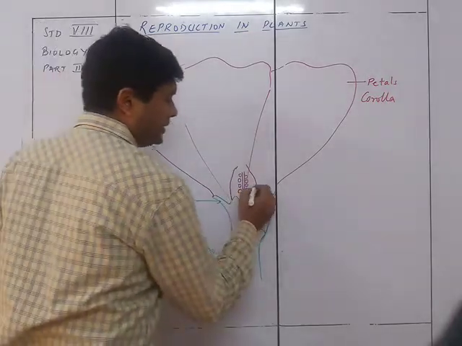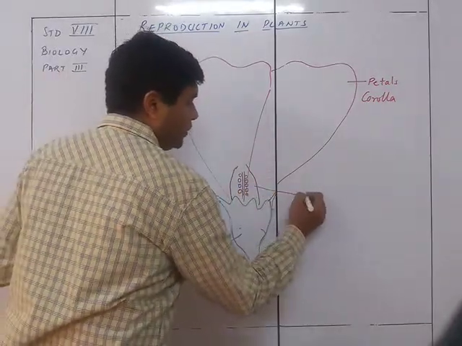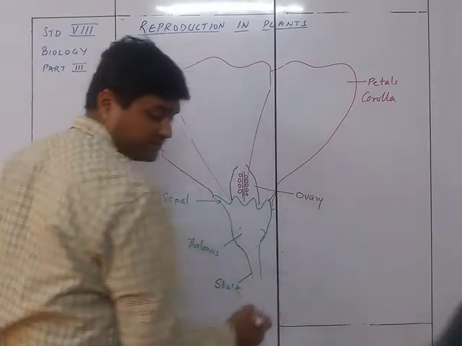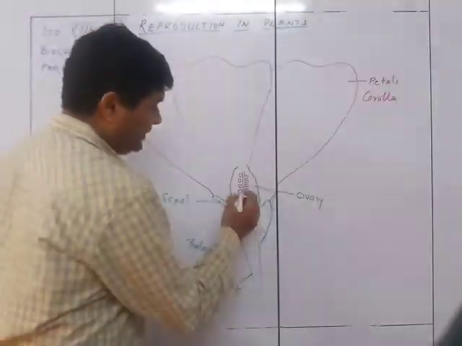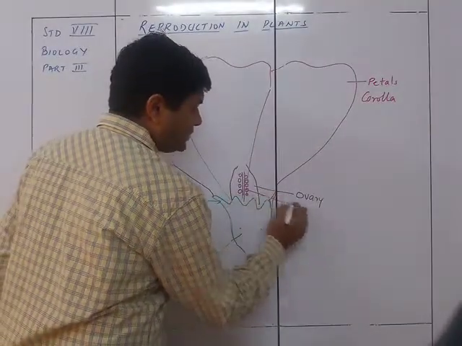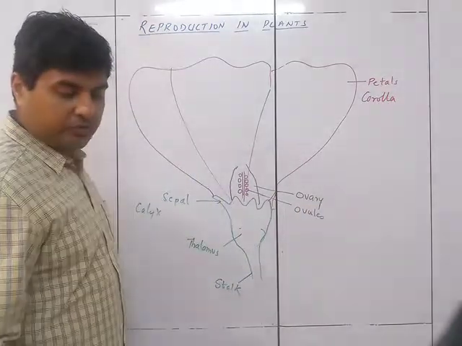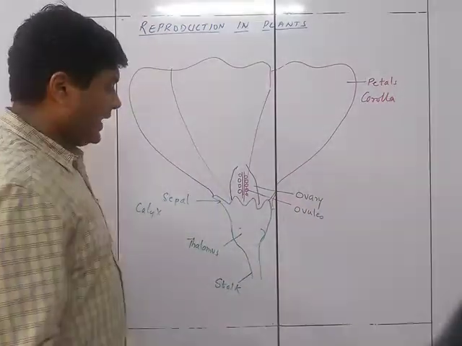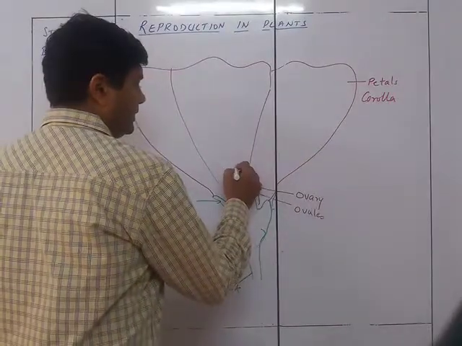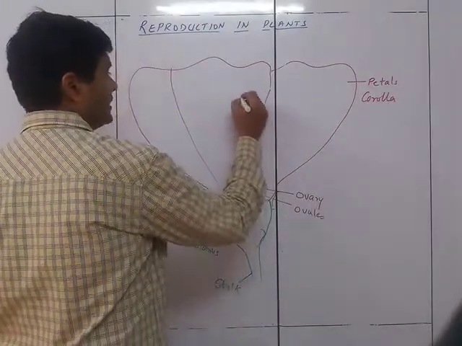So this over here is the ovary. These are the ovules. So ovules are in the ovary.